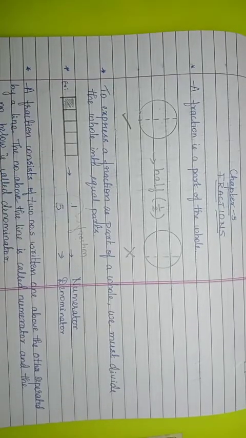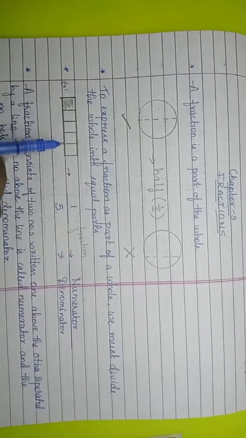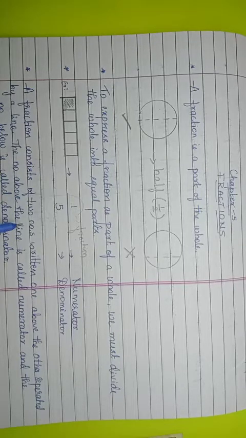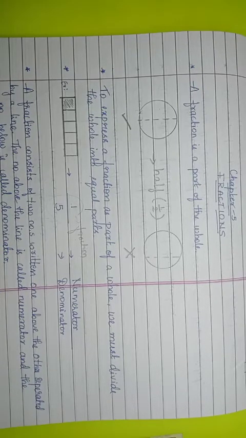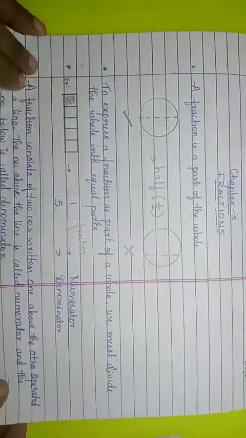One part is shaded, so the numerator will be 1. The total number of parts is 1, 2, 3, 4, 5, so the denominator will be 5. A fraction consists of two numbers written one above the other, separated by a line; the number above is the numerator and the number below is the denominator. Understood? We'll solve more problems so that you will understand it better, children.